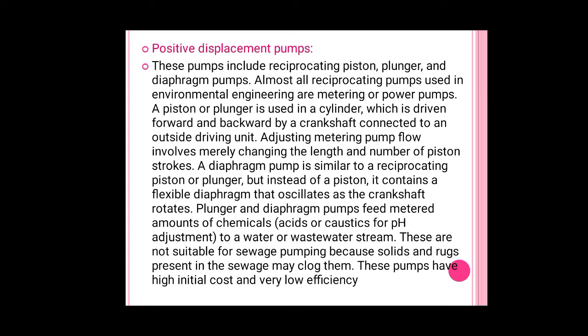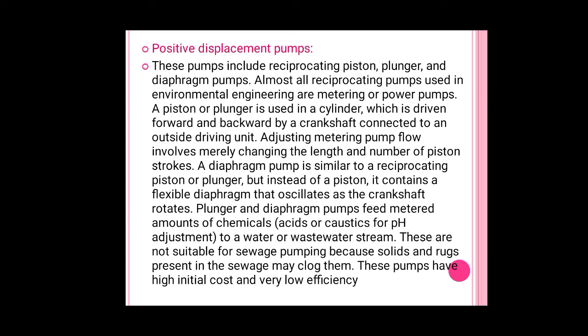A piston or a plunger is used in a cylinder, which is driven forward and backward by a crankshaft connected to an outside driving unit. Adjusting the metering pump flow involves changing the length and number of piston strokes.